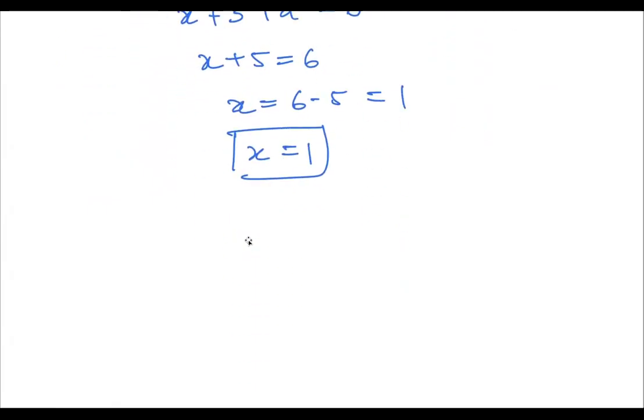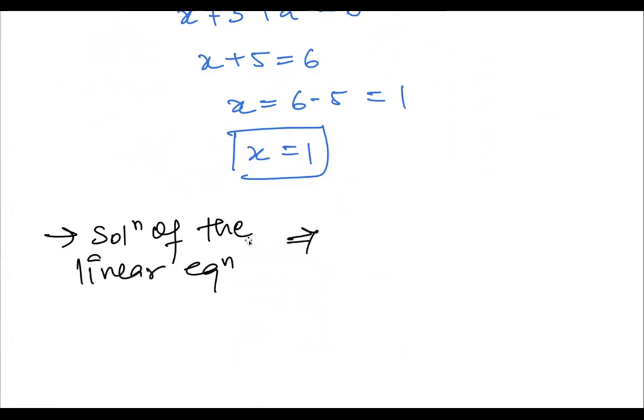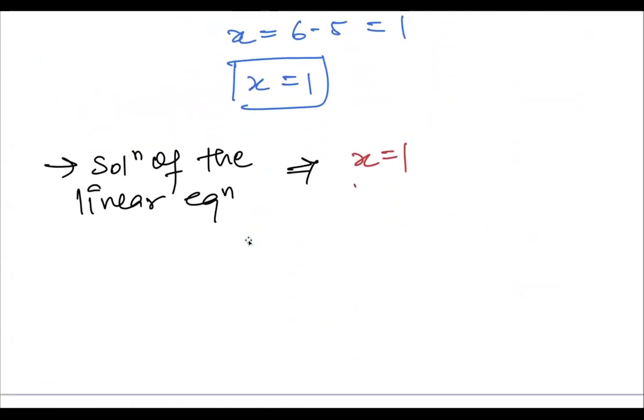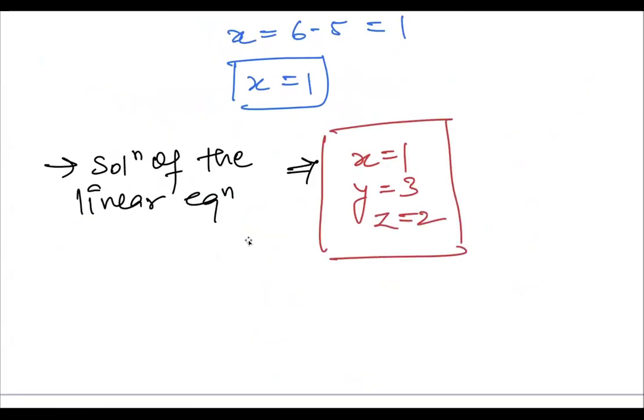So now basically what is the solution of my linear equation? It will be x is equal to 1, y is equal to 3, and z is equal to 2. This will be my solution of my linear equation.